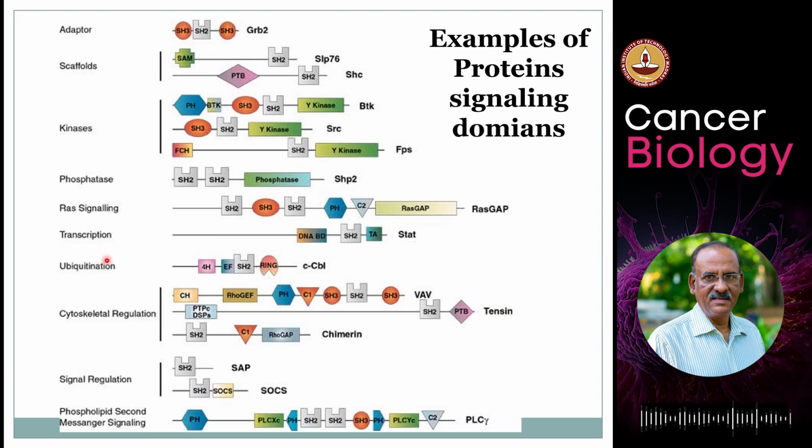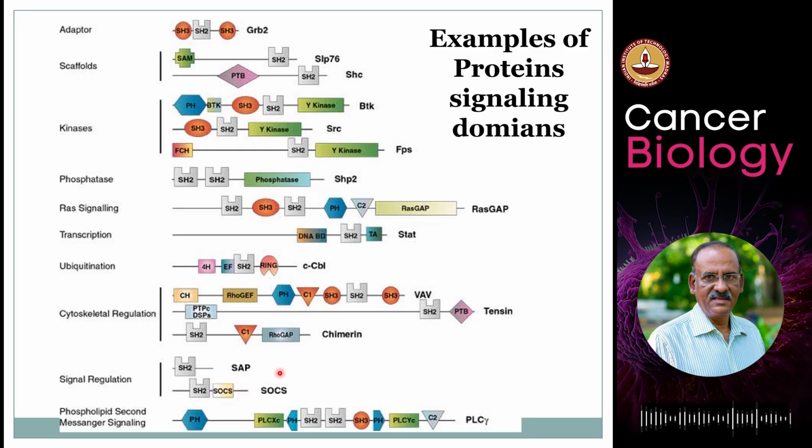Then some of the proteins involved in ubiquitination, like here Cbl is shown. They have an SH2 domain and a RING domain and so on. Then cytoskeletal regulation also involves such as tensin, chimerin and all that. And this is another important molecule, not the last but not the least, PLC gamma.